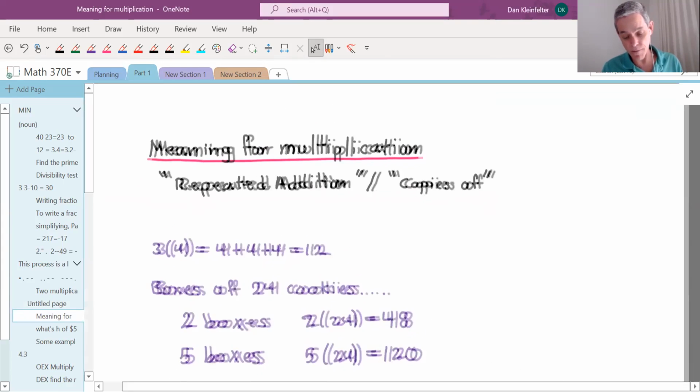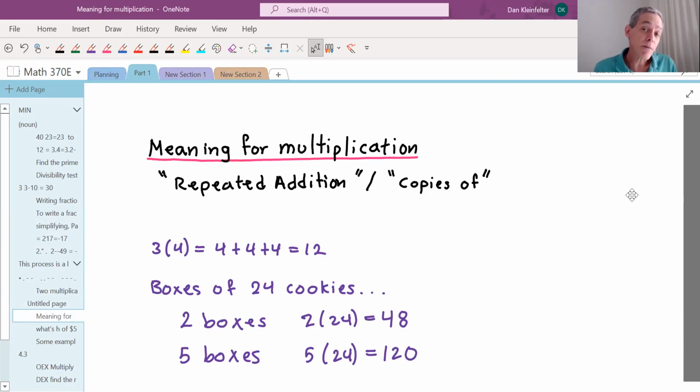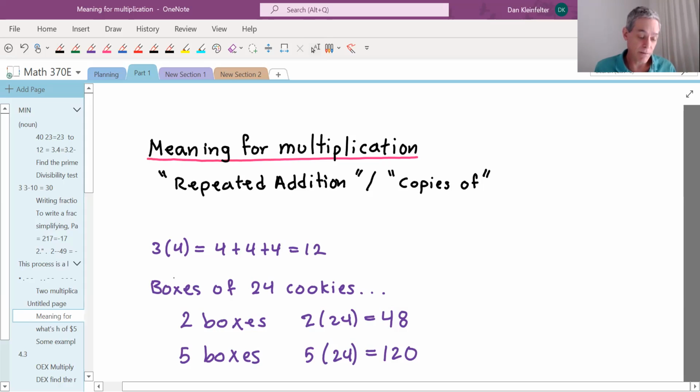So let's get started with the meaning for multiplication. And this part pertains really to working with whole numbers. Multiplication, you can think of as adding quickly, you can think of it as repeated addition, or as making copies of something. As an example, 3 times 4, as you know, is 12. We can think of that as adding together 4s 3 times.